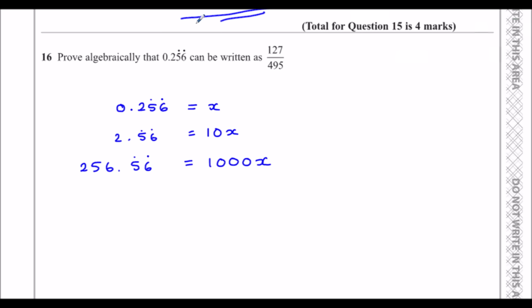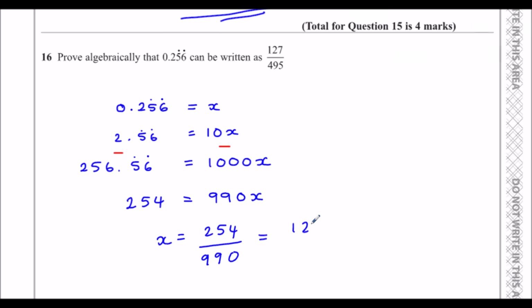And then we've got two things that end in the 56 recurring, so we can take them away. 1,000 x's take away 10 x's is 990 x's, and 256.56 take away 2.56 is 254. The 56's recurring all cancel out, and we're just left with 254. Then we're going to divide both sides by 990. And then if we half top and bottom, we get to what we wanted.